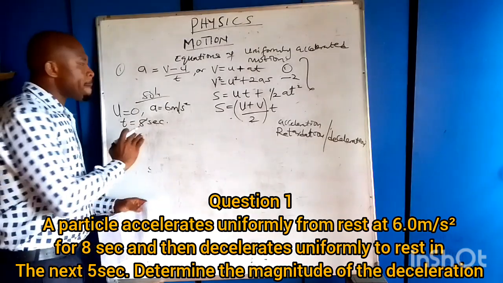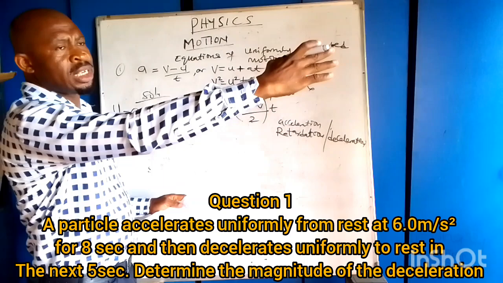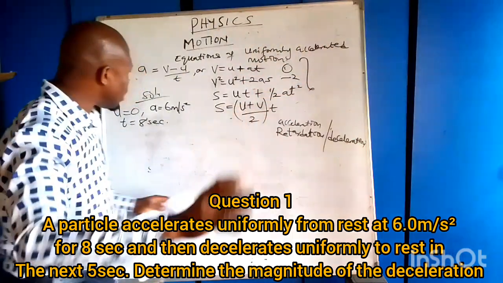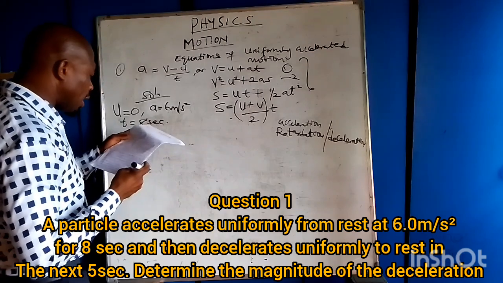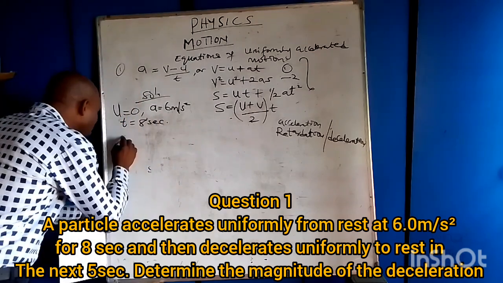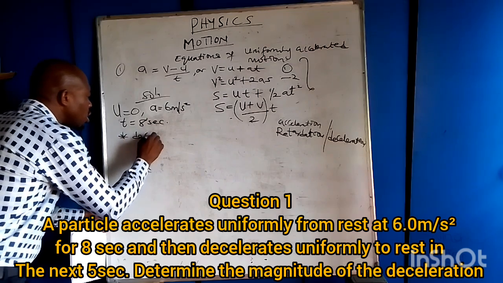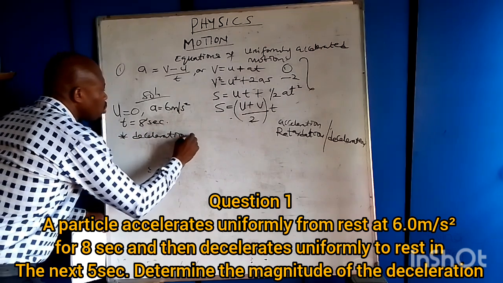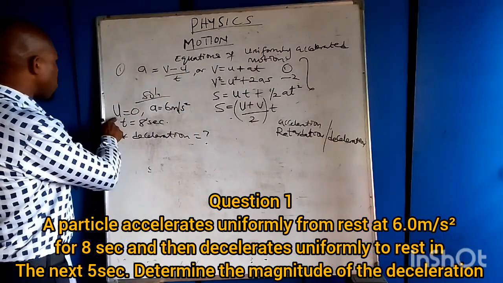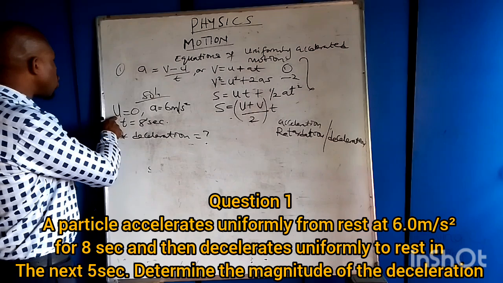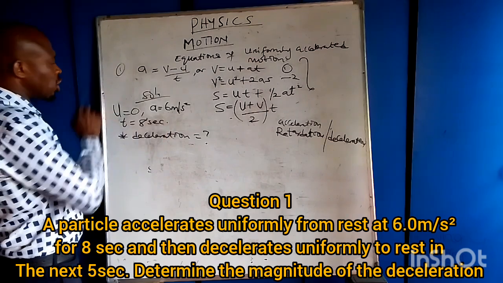Remember, the body accelerates up to a particular speed, and then from there it starts deceleration. The question says determine the magnitude of its deceleration. Deceleration is what we are looking for.